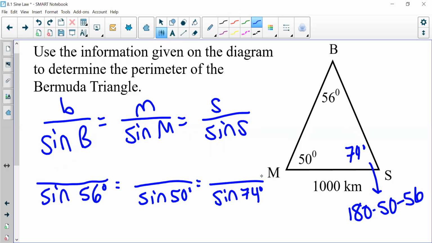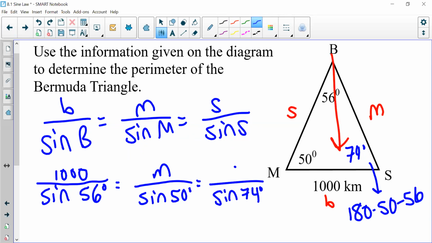Well, what's this down here? Kilometers. What letter is that? It's across from B. So side B is 1,000. Do we know side M? No. And do we know side S? No.